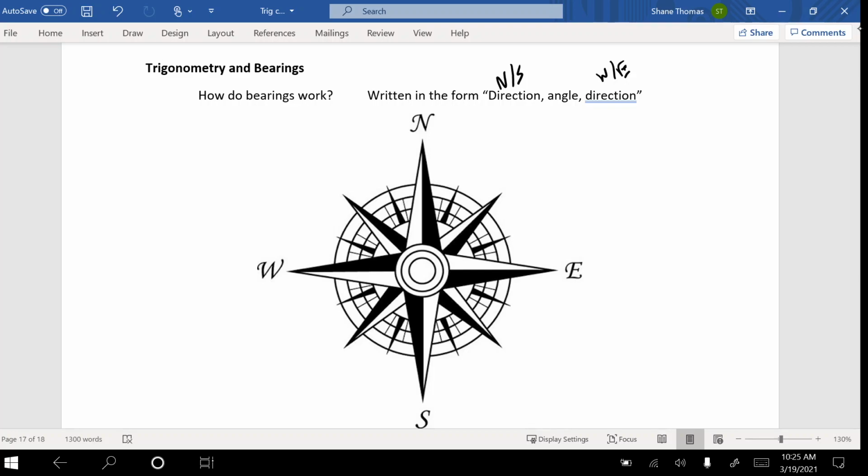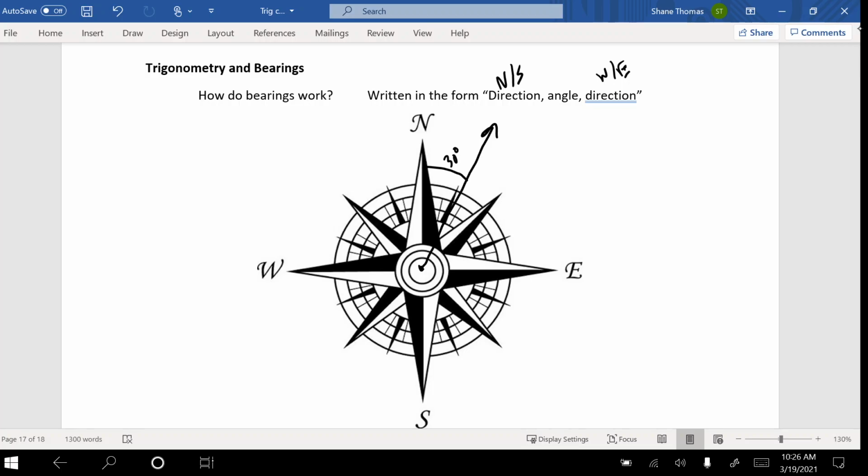So, for instance, I just drew a compass on here for you. If I have this angle, I'm going to say it's 30 degrees off of north. We want to write that as a bearing. So you start, which is the closest, north or south, to the angle or to the line I just made? It's north, right? So we're obviously starting north.